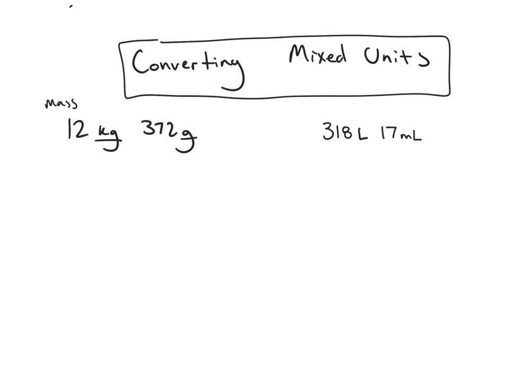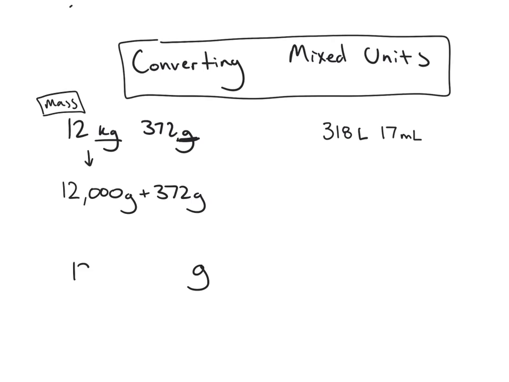So to convert this, we want to convert this just to a measurement that's represented only in grams. So my answer is going to be just in grams. I'm going to first convert my kilograms into grams. And I know that 12 kilograms is equal to 12,000 grams. Then I'm going to add my remaining grams to that total. And I'm going to get a total of 12,372.